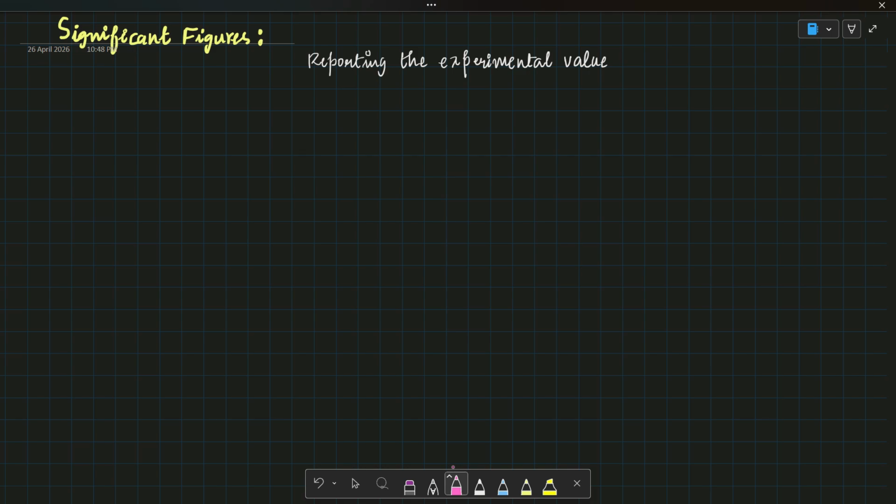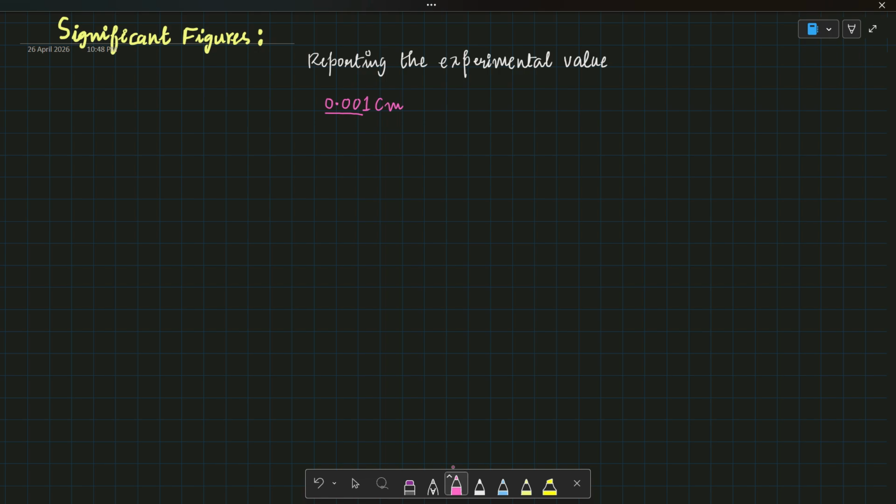So what I meant by that is, let's say that the precision of the instrument is 0.001 centimeter. Let's say that we are measuring length.